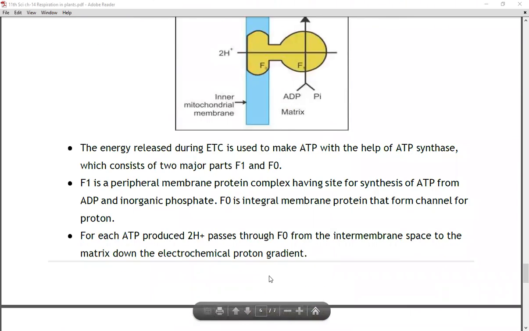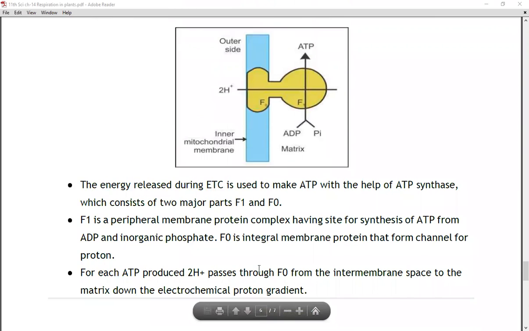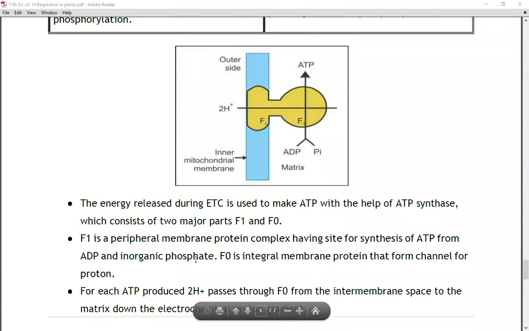Next, you can see over here a figure. This figure says that the energy released during the ETC is used to make ATP with the help of ATP synthase. Whatever ATPs are produced are produced with the help of this enzyme, ATP synthase. And ATP synthase consists of two major parts.